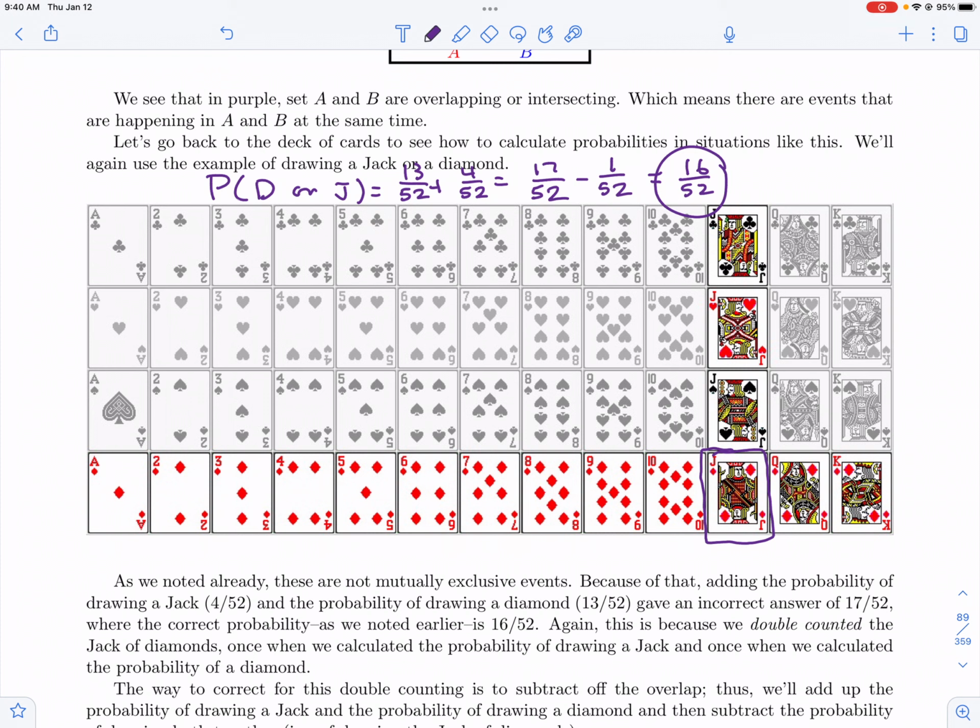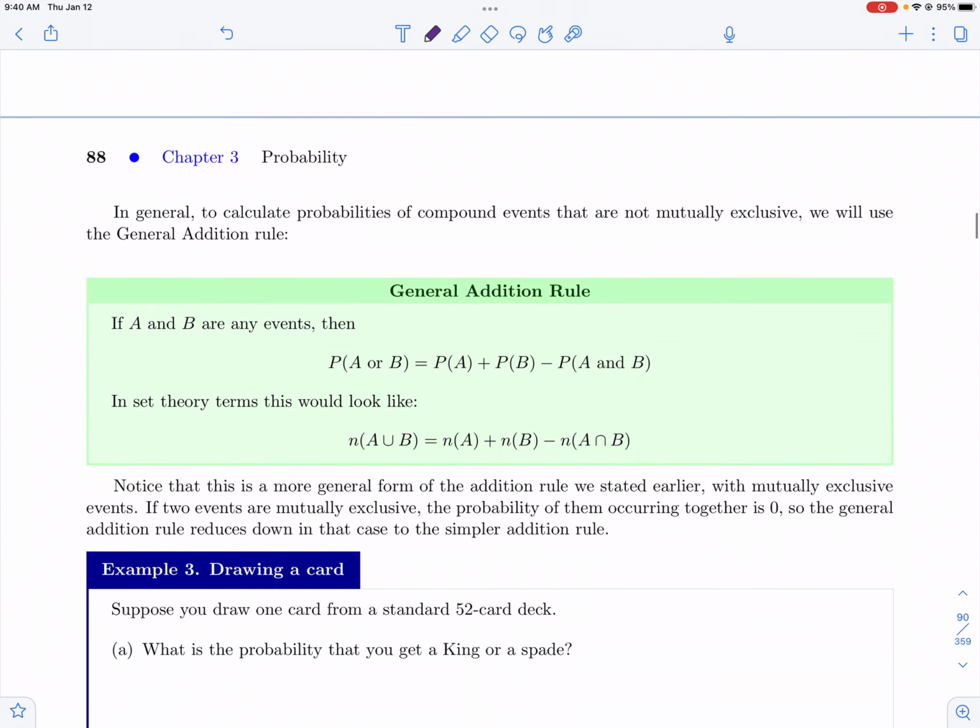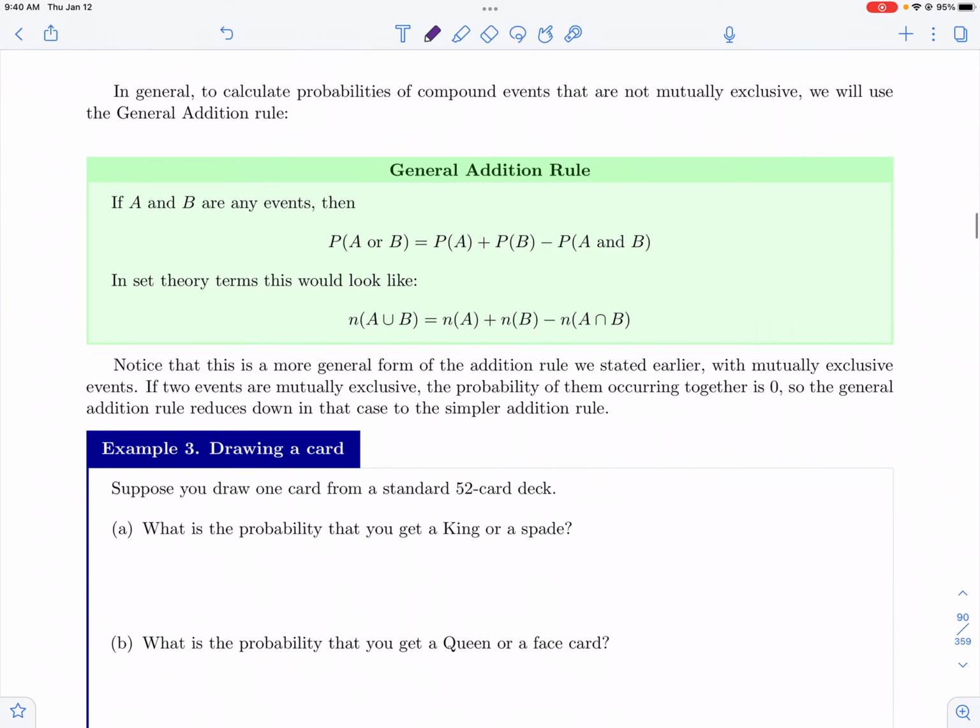So that's what we're going to deal with if our sets have overlap. We start just like we would before, assume there is no overlap, and then check to see if there is overlap, and if there is, subtract out the things that are in common to both sets A and B. To formalize it, if we look at our general addition rule, our probability of A or B is going to start off the same way: probability of A plus the probability of B, and then minus anything that lives in A intersect B, anything in that common part between them.